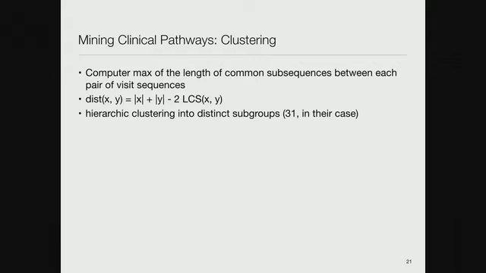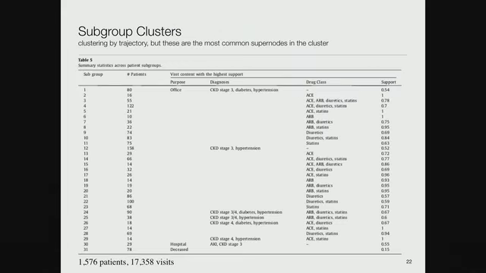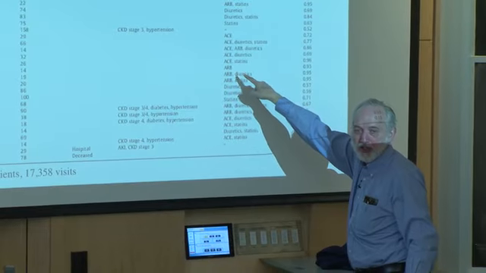And then hierarchical clustering into distinct subgroups, they came up with 31 groups for this group of patients, and here they are. And what you see is that some of them don't differ a whole lot from each other. So for example, these two differ only in that the patient got some medication and diuretics in one case and just that medication in the other case.